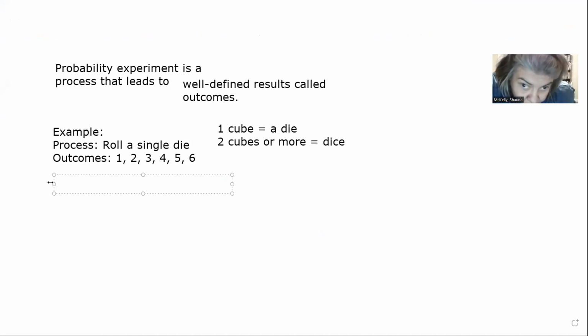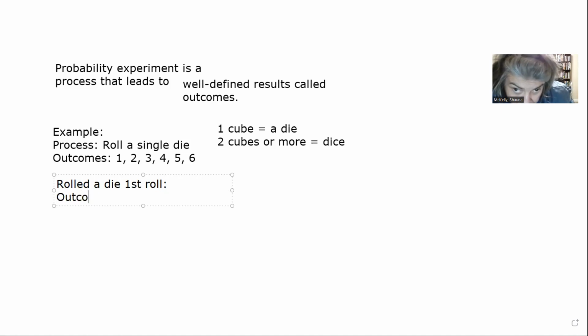On the first roll, the outcome was a 3. Then we rolled the die another time.